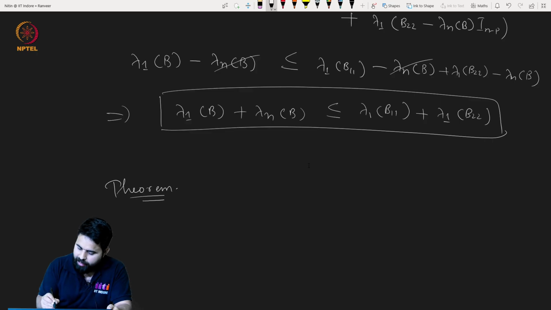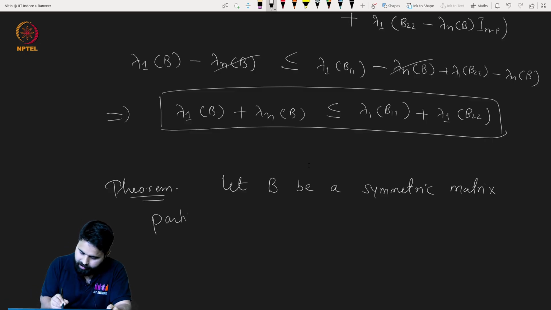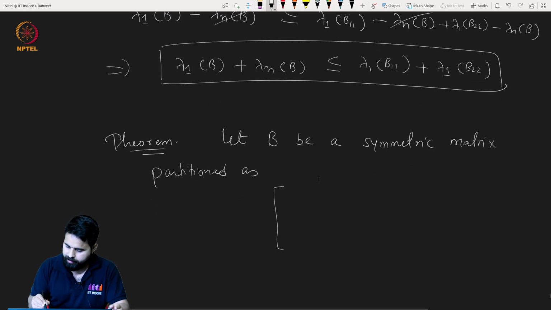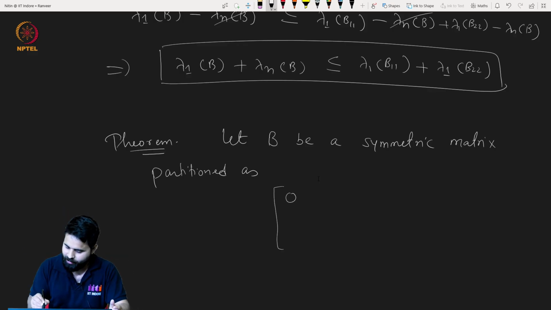Now let B be a symmetric matrix, partitioned as follows. Let me partition this matrix. So on the diagonal now there are 0 blocks. Okay, so this is 0.